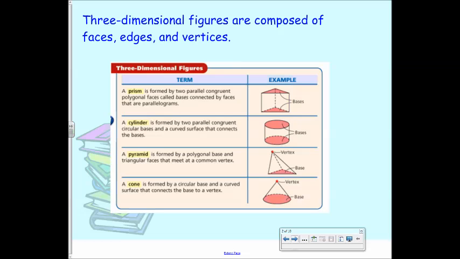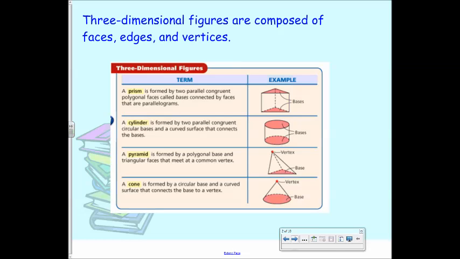All right? So a prism has 2 parallel congruent polygonal faces. So that just means shapes, like polygons. The faces are polygons, okay? So for instance, this would be called a triangular prism because it has a base and a base that are 2 congruent triangles. So it's a triangular prism, okay?